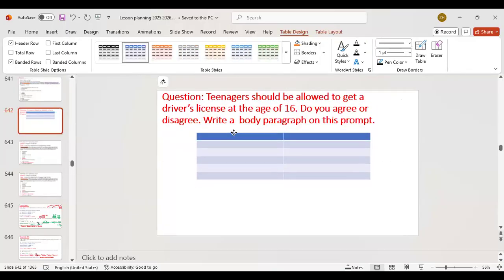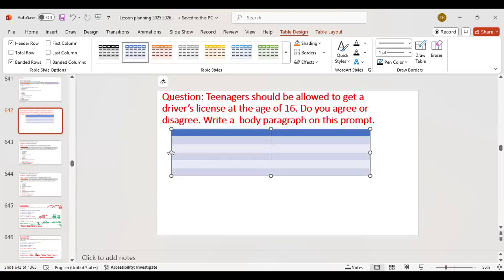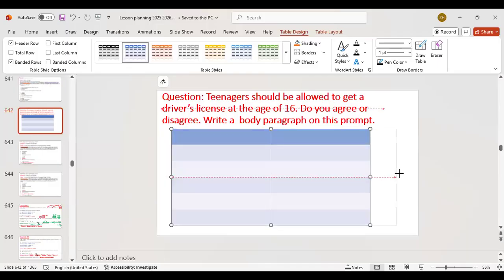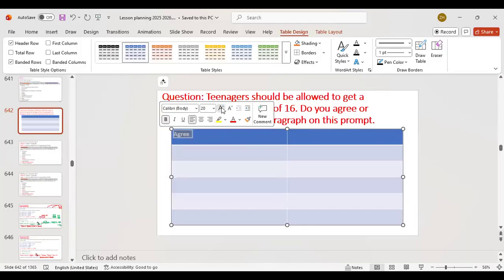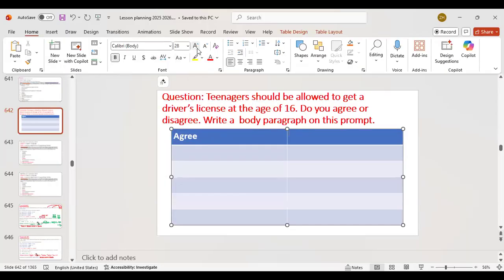I would disagree. Someone is already driving, someone disagrees, someone agrees. All right, so let's do an agree side and a disagree side. So we're going to break it up. There are reasons why persons might want to agree, and reasons why persons might want to disagree.